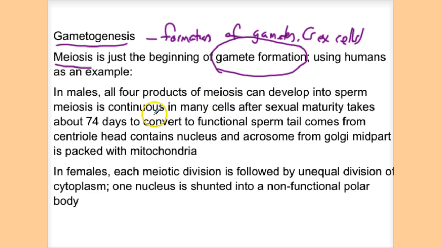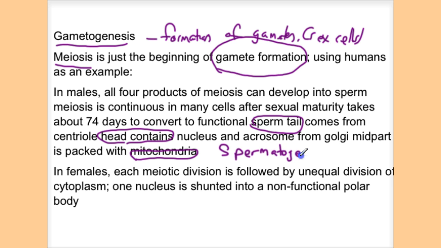The second part is where the sperm starts to mature, and the sperm will start forming a tail, and it contains a head, and it also is packed with mitochondria. All of these things that are happening after meiosis are said to be, for sperm, spermatogenesis.